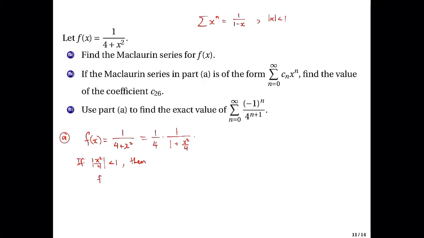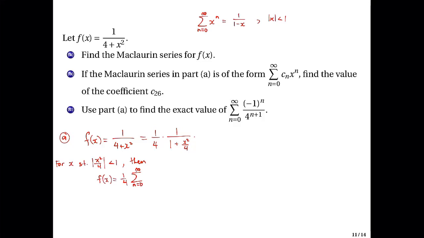this function using this as 1/4 times the sum from n equals 0 to plus infinity. And by the way, here we start with 0.